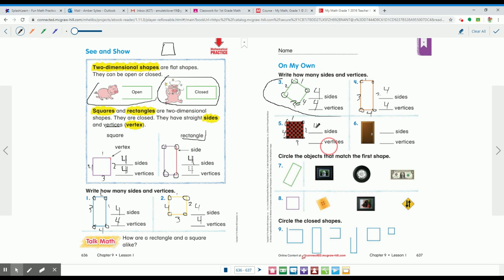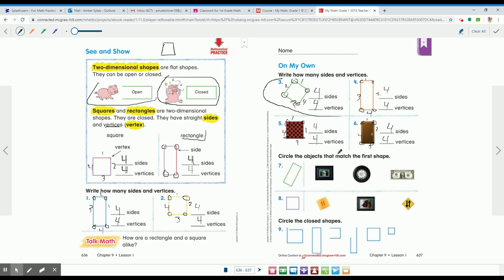So 4 and 4 again. And this is a real world example of a rectangle. So let's count. 1, 2, 3, 4 sides. And how many vertices or corners? 1, 2, 3, 4. Perfect.